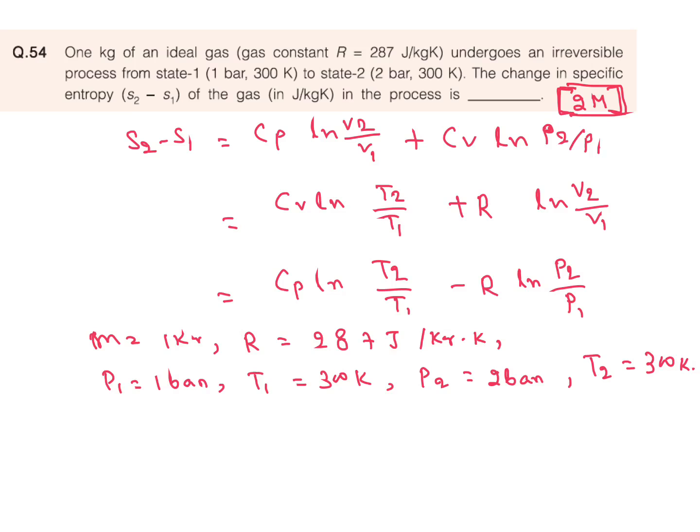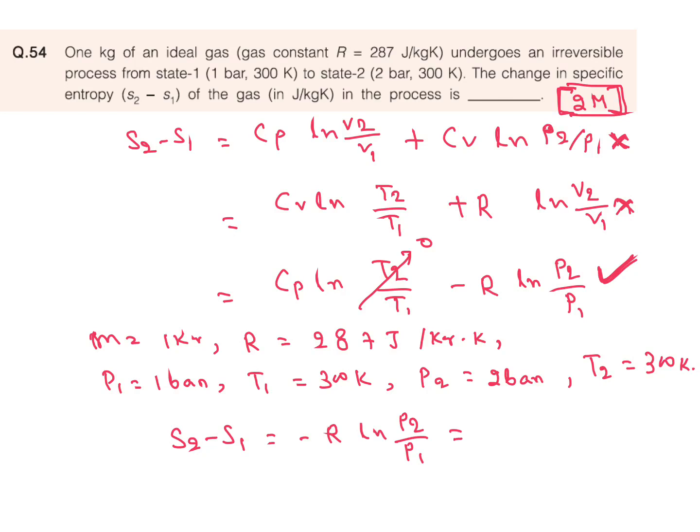So here pressure and temperature are given, so you have to choose the third formula, which uses pressure and temperature. First and second you don't have to use in this question. So T1 equal to T2, this term is 0, and S2 minus S1 is minus R ln P2 by P1.